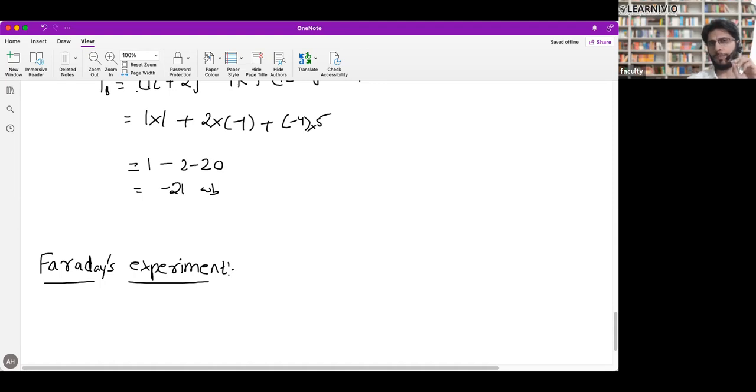Faraday did a very basic experiment, and from it he concluded that we can generate EMF by just changing flux. I'm repeating it again: at the time of Faraday, there was only one source of EMF, and that was the cell. Through his experiment, Faraday proved that one can generate EMF just by changing magnetic flux. If you can change magnetic flux related with a system, you can generate EMF. That is known as Faraday's experiment.